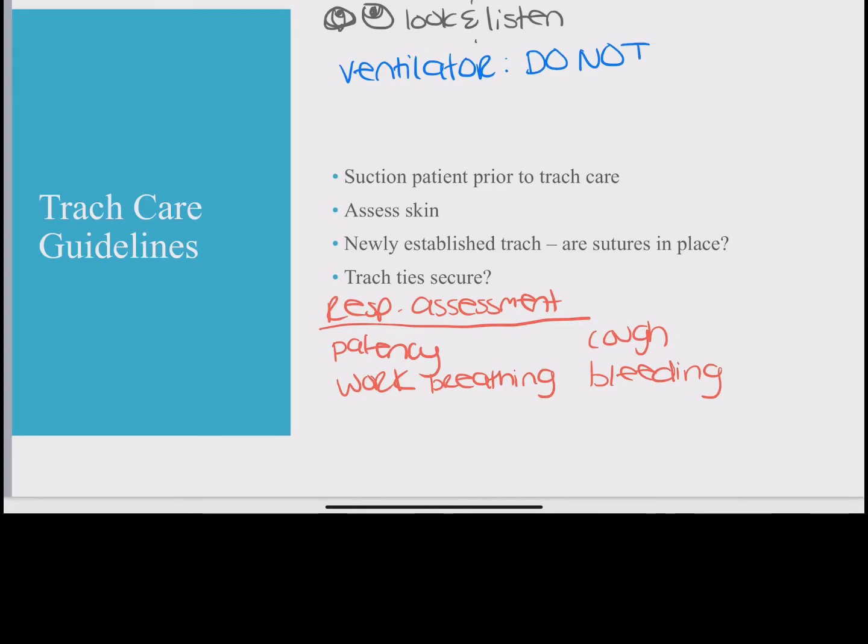We do not ever touch the settings. Although we are educated in the settings and we can recommend them, our scope of practice does not include ventilator settings.